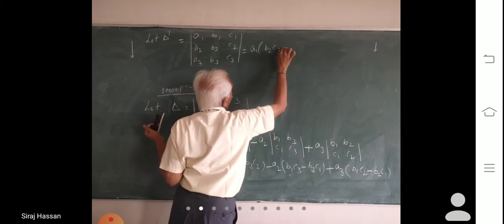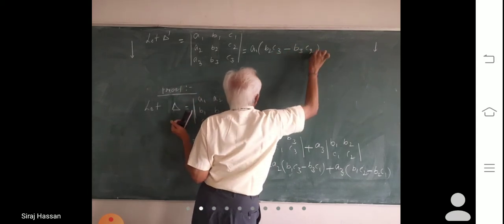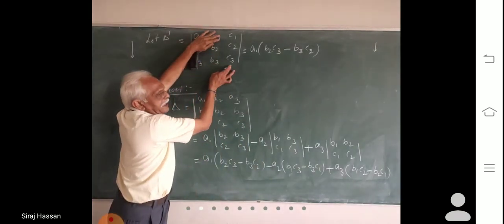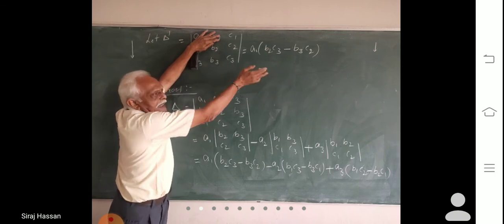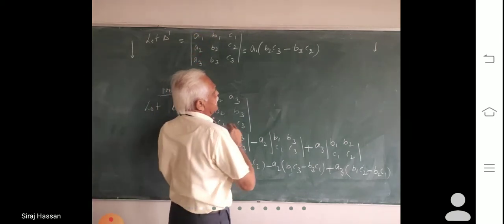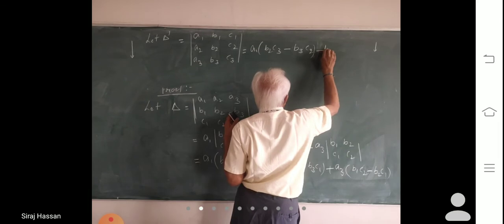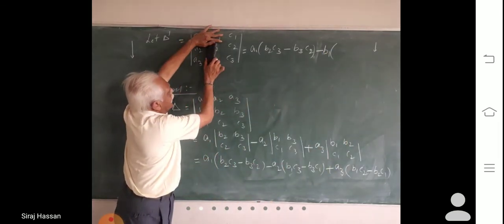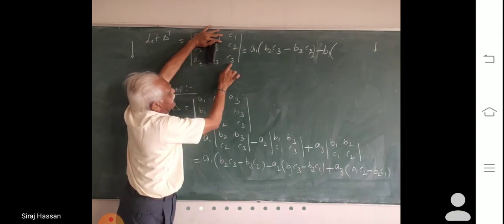B2 C3 minus C2 B3 or B3 C2, it makes no difference. While expanding with this, minus B1 into, eliminating this row and column, A2, C2, A3, C3.